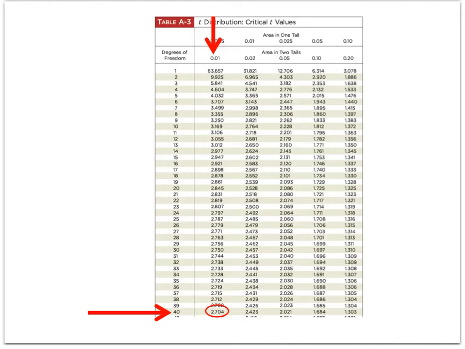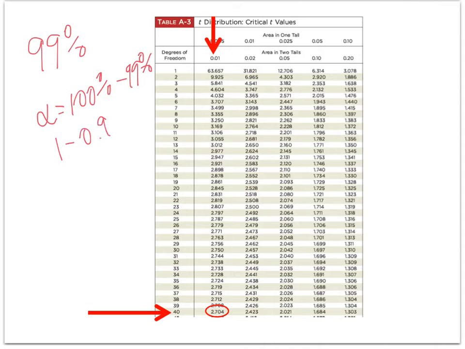But remember, this was 99% confidence, so that means the alpha is 100% minus 99%, or in decimal, 1 minus 0.99, and that's why I'm looking up 0.01 at 40 degrees of freedom, and I get my t statistic 2.704.